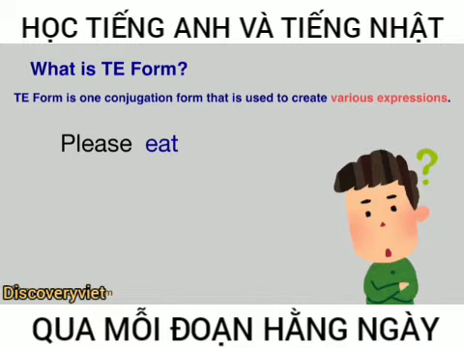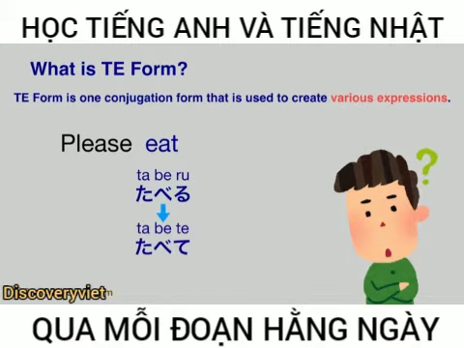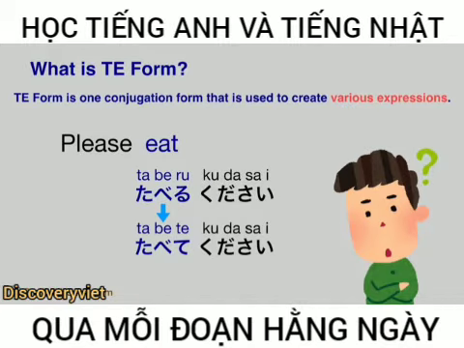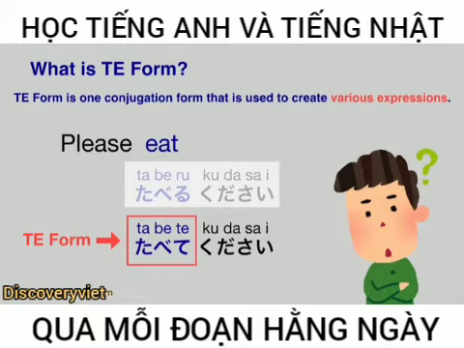The verb eat is 食べる in Japanese, but it's the plain form of the verb, so we need to change that into the te form, which is 食べて, and add ください after that. So please eat in Japanese is 食べてください。Keep in mind that it's not 食べるください。So this 食べて is the te form of the verb eat.